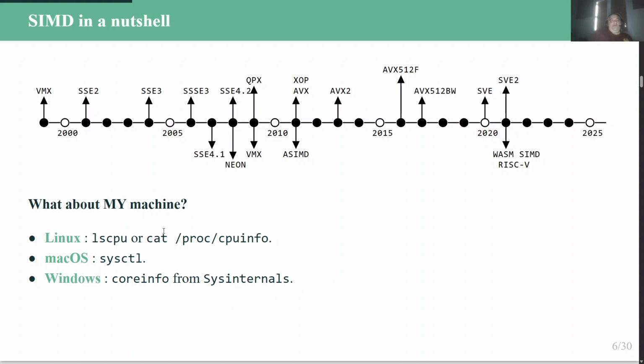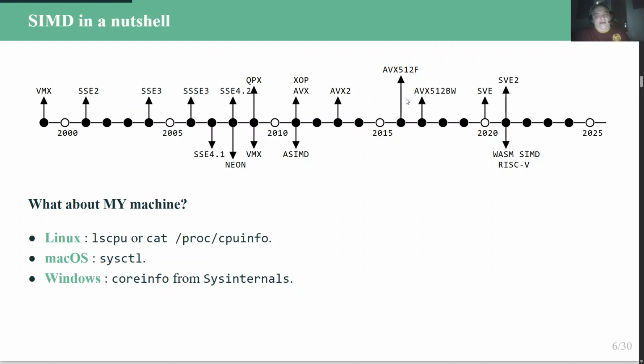We have all the SSE variants, the x86 Intel 128 bits register extensions, that got replaced by AVX, AVX2 in the 2010s, which are 256 bits instructions. And then later on, in 2016 and above, the advent of AVX 512, and the name says it all, it's 512 bits registers.